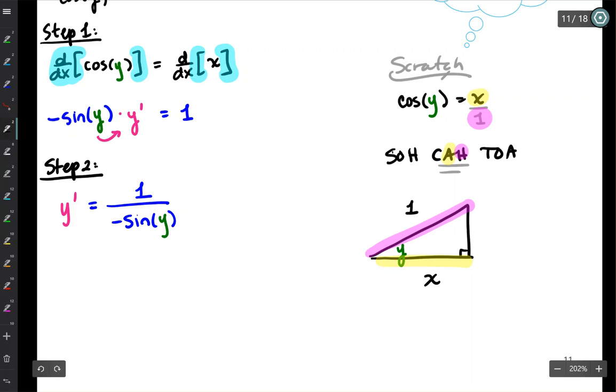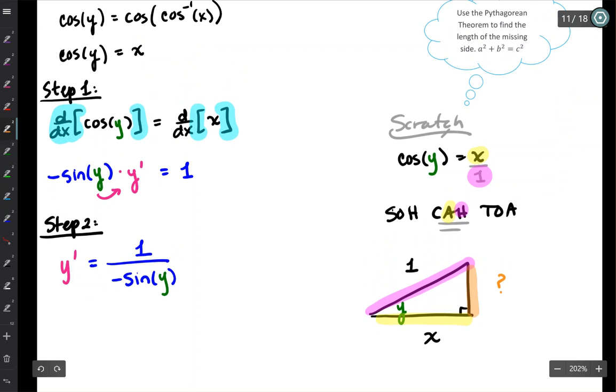And then the question is, what is the third side? And we know how the sides of this triangle are related to each other. That is with my good old Pythagorean theorem.